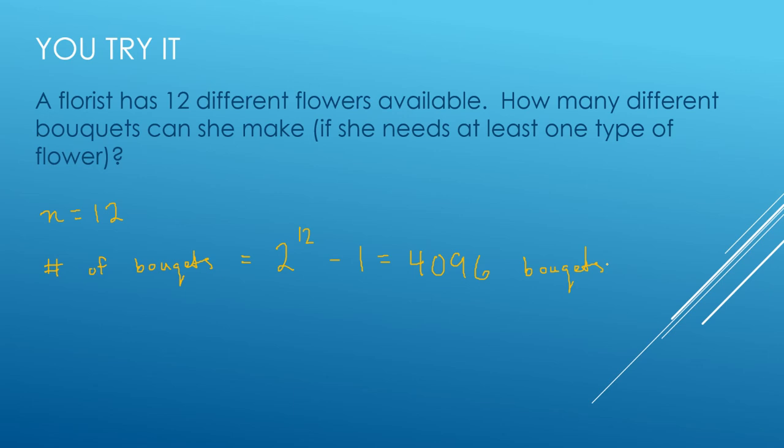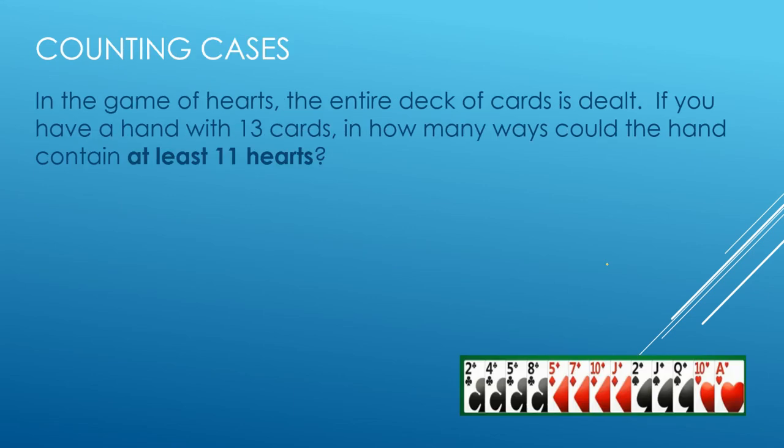Let's move on and try some different types of problems. So we've now looked at problems where you're taking a subset. So we did n objects, 1 or 2, or at least 1. In this question, we're going to be counting cases, and we're going to use combinations.